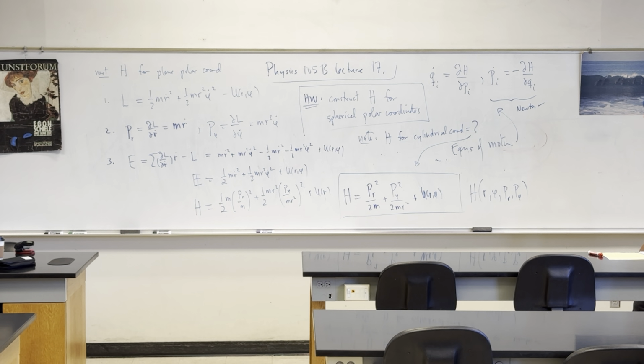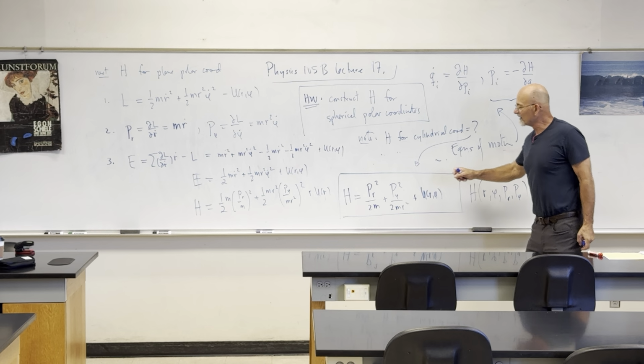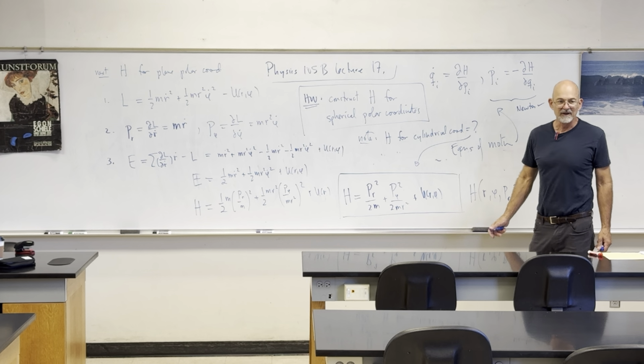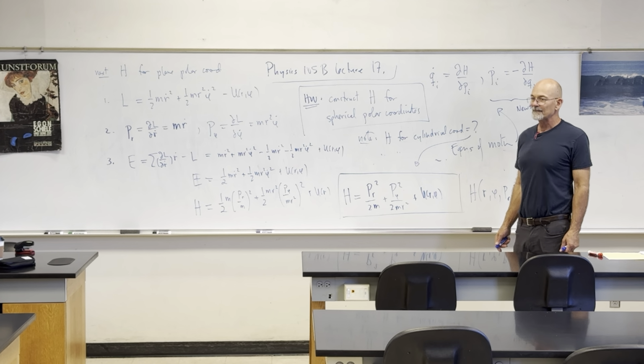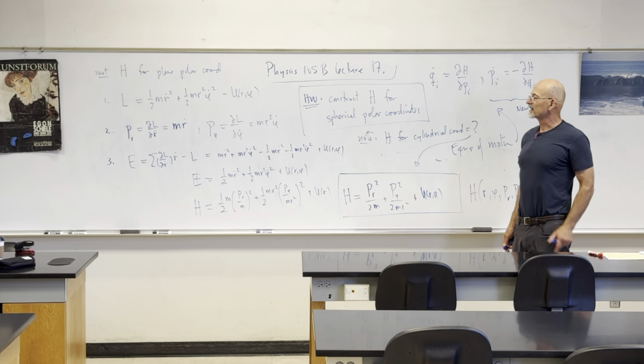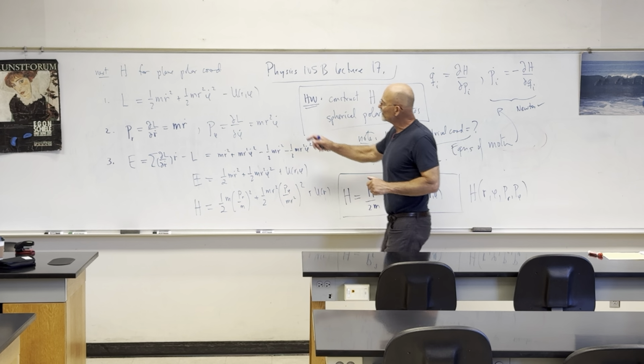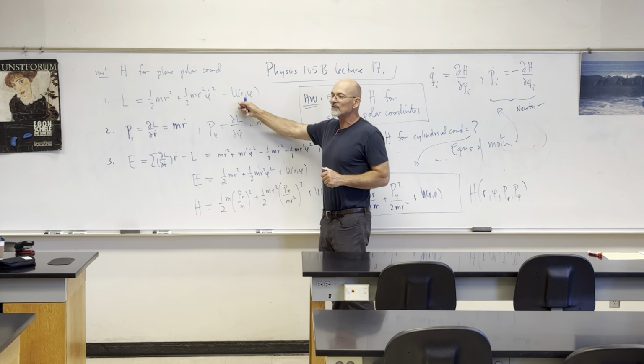Now with the plane polar coordinates, what's the difference between this and the central force Hamiltonian? Say the same thing up here. What's the difference between this and the central force Lagrangian?